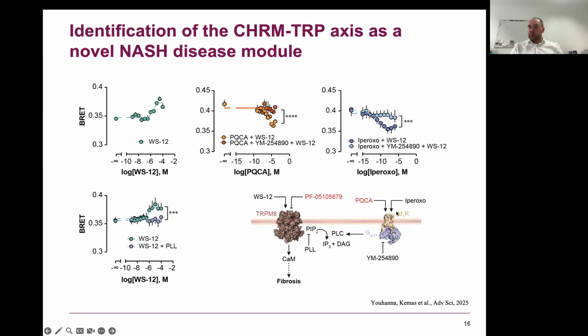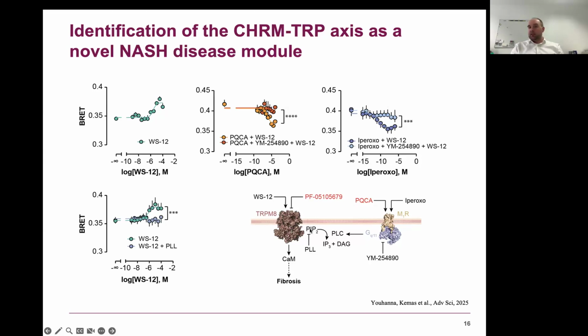PQCA is an activator of the muscarinic receptor, and we could show using these BRET assays, and I would be happy to go into more detail afterwards in the discussion, that PQCA activates the muscarinic receptor. This results in activation of the Gq transducer, which in turn activates PLC.